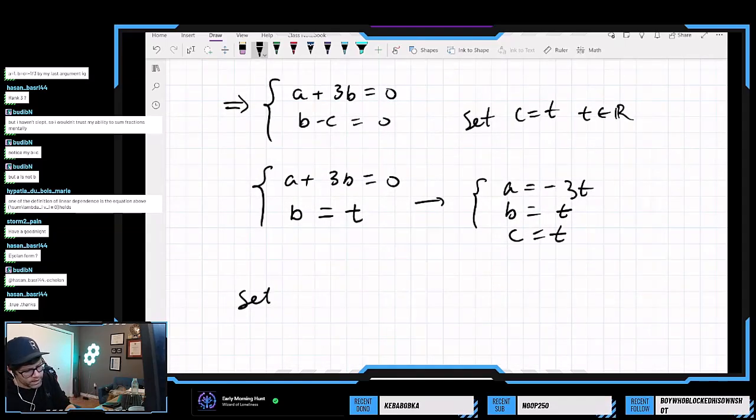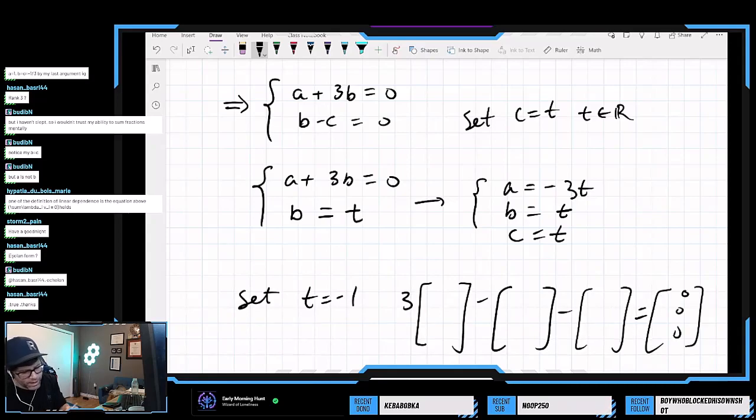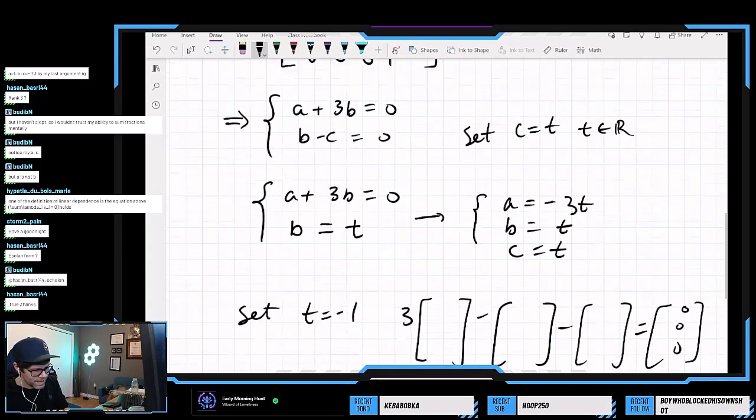So for us, we set t equal to minus 1, and so we got that 3 times the first thing minus 1 times the second thing minus 1 times this thing should be equal to 0, right? So that's what you guys noticed, I believe. I forget exactly what these numbers were.